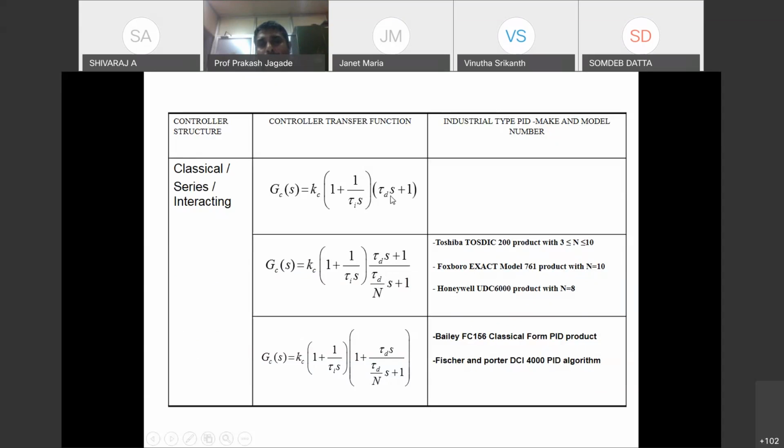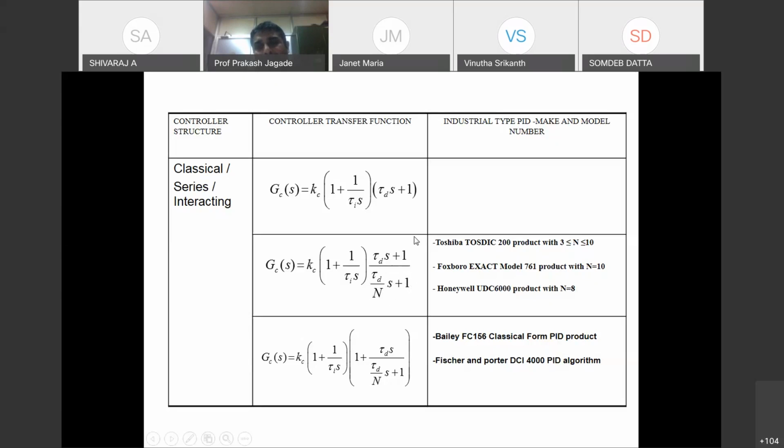So tau d s plus 1 is a lead term, and it is not physically realizable. To make it realizable, a lag term has been added. So tau d s plus 1 divided by tau d over n s plus 1 can be viewed as a lag-lead filter.